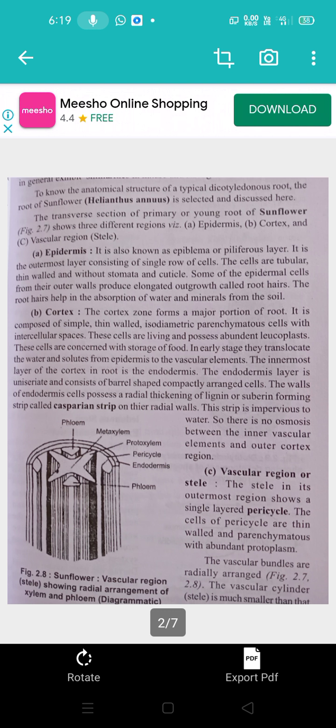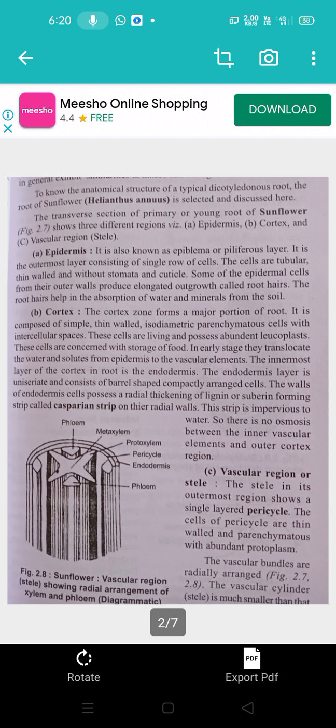The innermost layer of the cortex in a root is called the endodermis. The endodermal layer is uniseriate and consists of barrel-shaped compactly arranged cells. The wall of the endodermis possesses radial thickenings of lignin substance forming strips called Casparian strips on their radial wall.